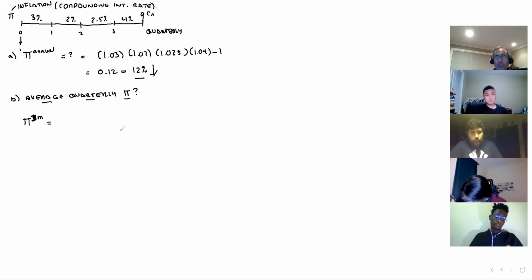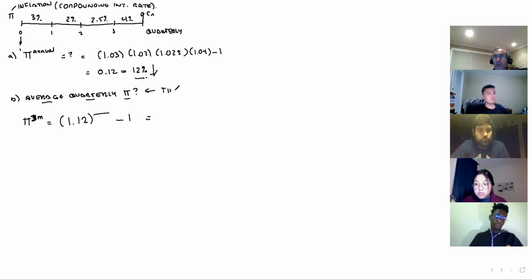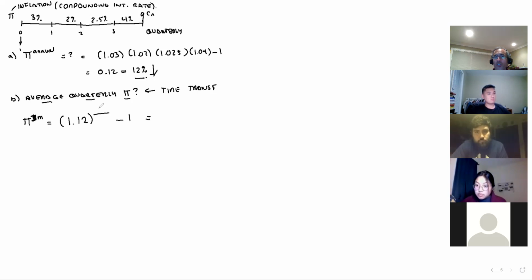Okay, so guys, this is a transformation, a time transformation. So this is going to be equal to 1.12, this number here, to the power of something, minus 1. So what goes up? This is a simple example of time transformation. 3 goes up and 12 goes down.